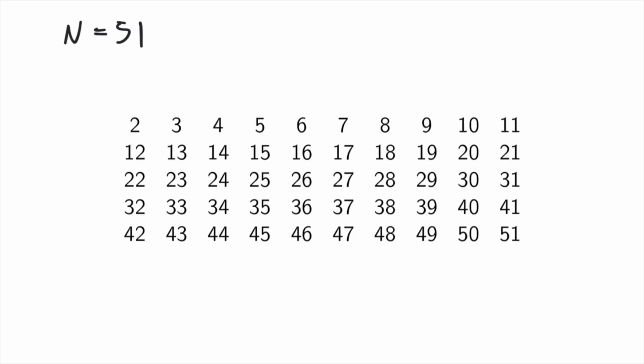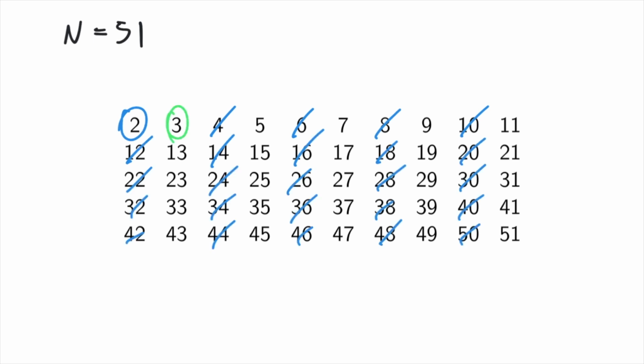Let's say you have some n, I don't know, n = 51. Then we can take all the numbers up to 51 and start crossing out those that we know are not prime numbers. So we start crossing out all multiples of 2 because we know they cannot be prime numbers. Then we see 3 has not been crossed out, so it's a prime number.